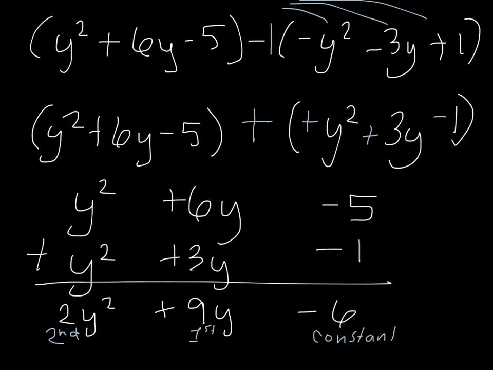So when I look at each of these individual terms, I see that this first term has the highest degree, so that's the degree of the entire thing. So I'm going to call this whole thing a second degree, and then I've got 3 terms, so that makes it a trinomial.